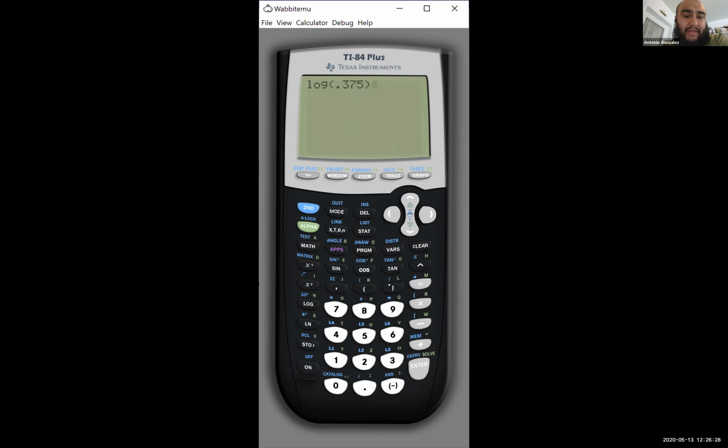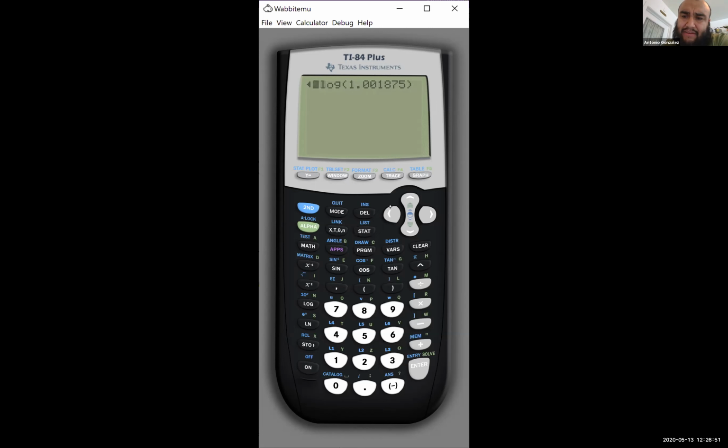And from there, I'm going to divide that by, I'm going to open another set of parentheses and plug down there at the bottom -12 log of 1.001875.